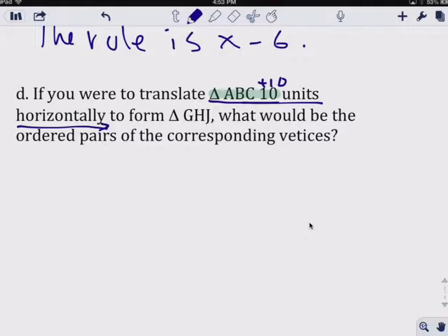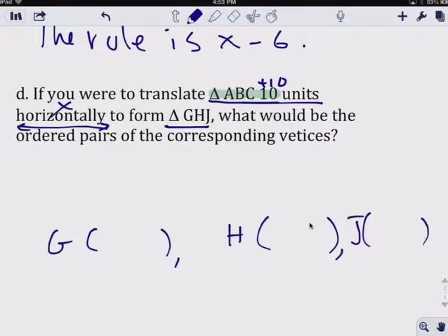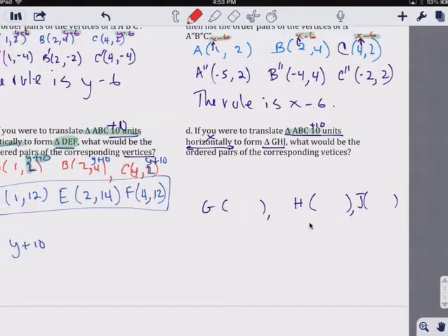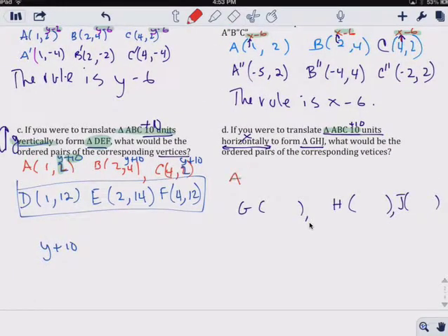Horizontal line is like that, so that's the x line, to form triangle G, H, J. I'm writing it so I don't make careless mistakes, because you know Miss Wilcox likes to do that. I'm sure you can pick out some. Triangle A is 1, 2. Triangle B, the preimage, is 2, 4. Triangle C, the preimage, is 4, 2.